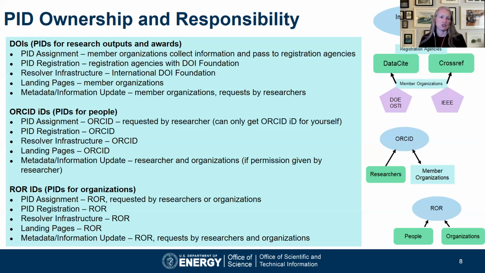They do the PID registration, they host the resolving infrastructure, they host the landing page. And if a researcher or organization requests an update to the associated metadata or information, ROR will make those updates. So, there are many different levels and responsibilities, but I think it's helpful to really understand who has responsibility for which piece.